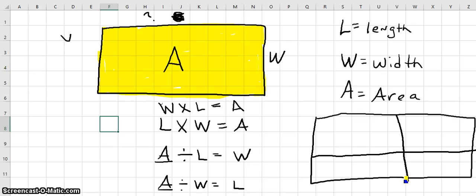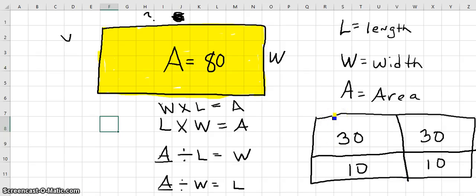So for instance, if this area was equal to 80, and this rectangle and this rectangle both have an area of 30, and these two rectangles have an area of 10, if I add them all up, I would get the area of my whole rectangle.